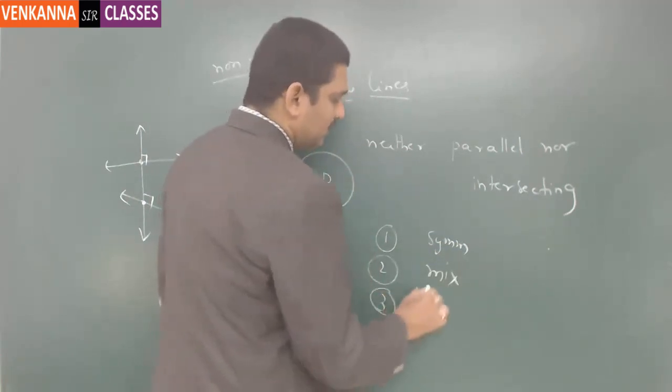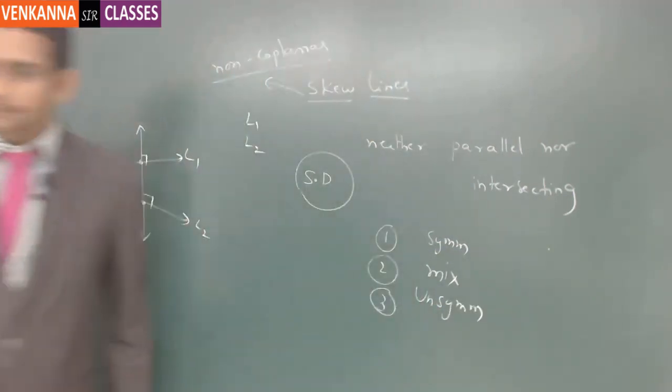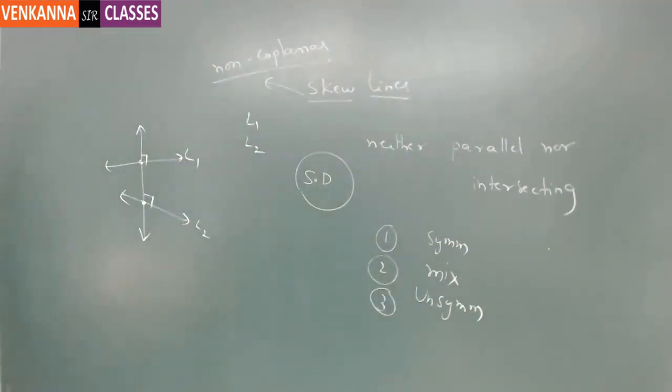Case 3, the lines are in unsymmetric form. In all 3 cases, whenever 2 lines are given, we have to evaluate the SD. And one interesting thing is, since this is the distance line, you also have to find the equation of the SD line.